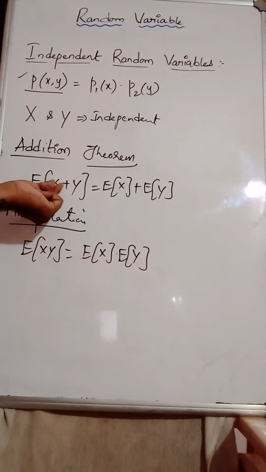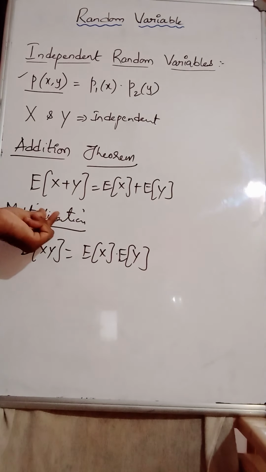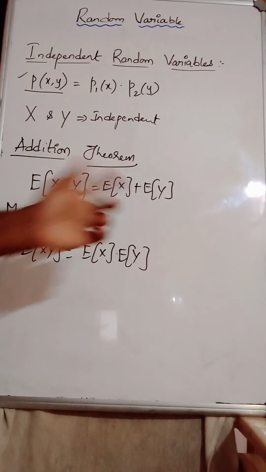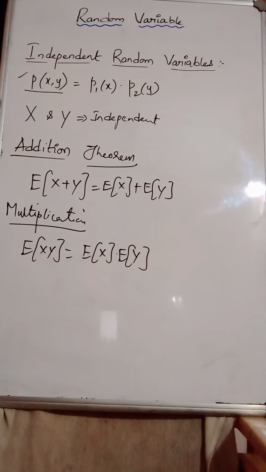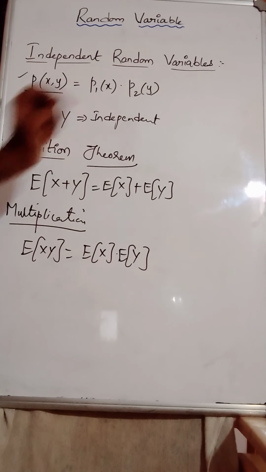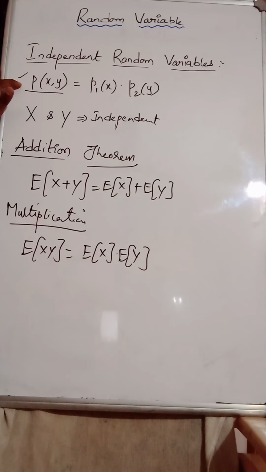So x and y are two random variables with expectations e of x and e of y, and the sum x plus y has expectation equal to expectation of x plus expectation of y. Look here: the multiplication case and this one, both are independent cases or not? Are you clear? Here probability of xy becomes probability of x into probability of y.